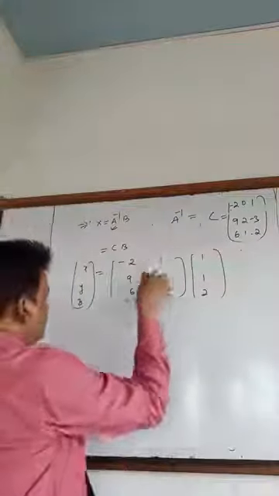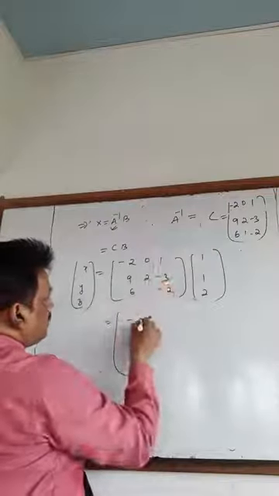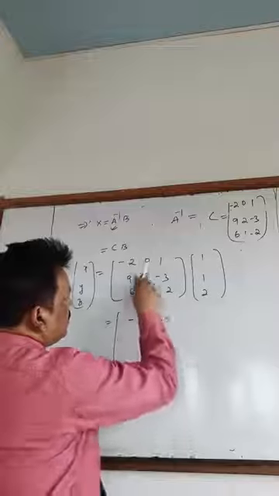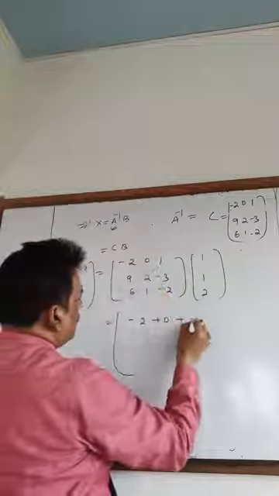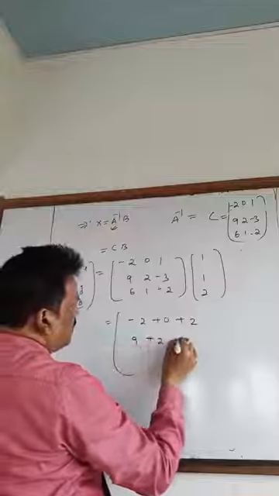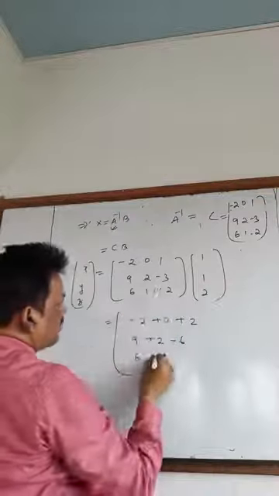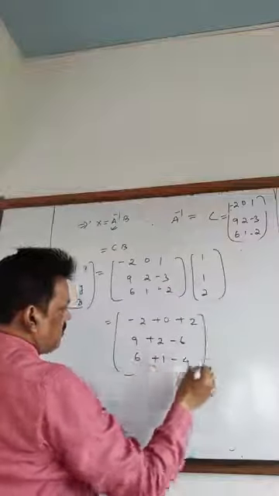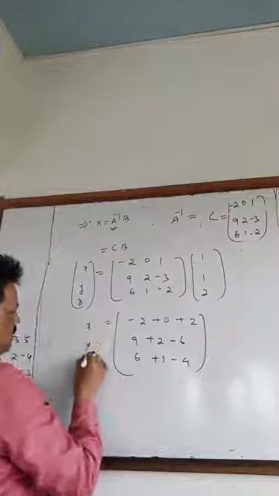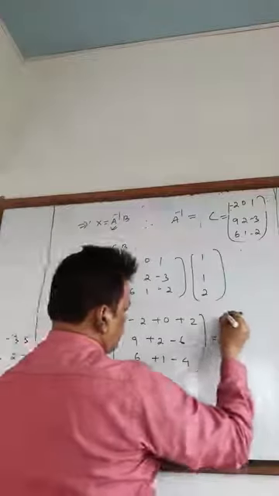What will you get here? That will give you minus 2 into 1 is minus 2 plus 0 plus 2, 9 plus 2 minus 6, then 6 plus 1 minus 4. This is your x, y, z. So how much did you get?